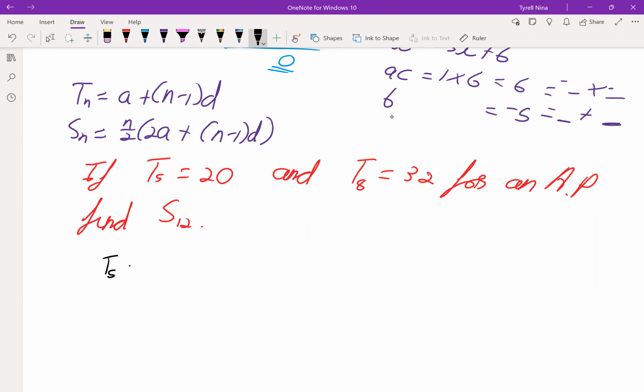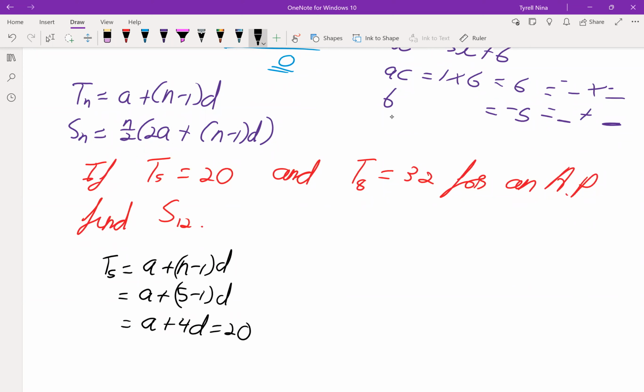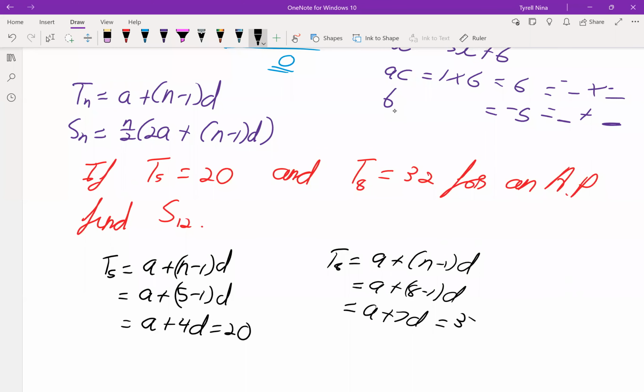So T5 is A plus N minus 1 D. So we have A plus 5 minus 1 D, which is A plus 4D, and we say that is 20. And then we have T8, A plus 8 minus 1 D, A plus 7D, which is 32.